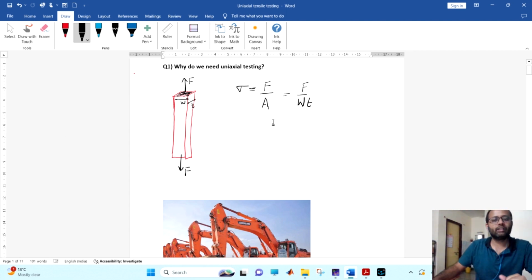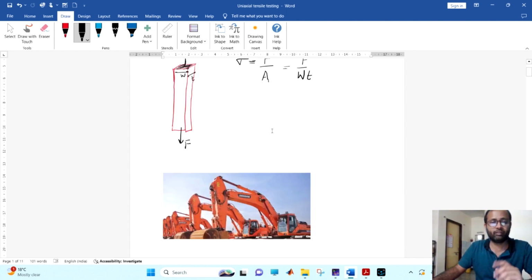We are doing the uniaxial test to find the ultimate tensile strength, the maximum load at which the specimen will break or fail.